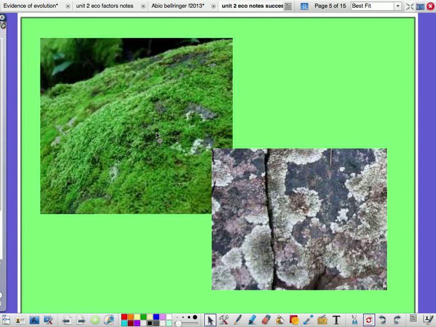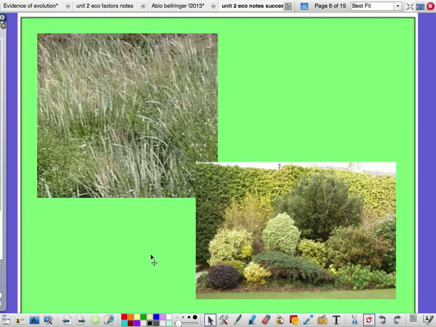There's some moss growing on the side of a rock, which you pretty much see in our area too. Some lichen here. Hard to tell the difference between a lichen and a moss. It just has to do with their reproductive process, but they kind of get clumped together. After that, the next species to come in would be your grasses. So the lichen and the moss are going to continue to create that erosion effect and break down those rocks even further to make more of a soil base, so that small grasses can come in and plant.